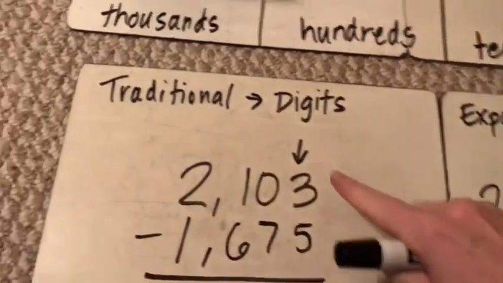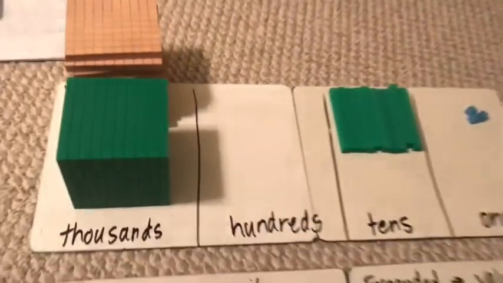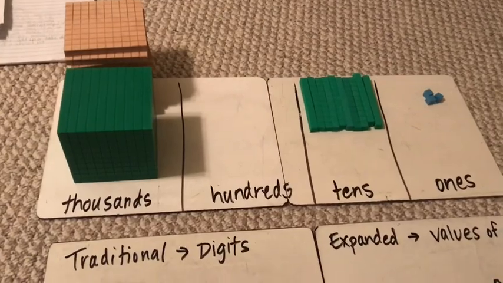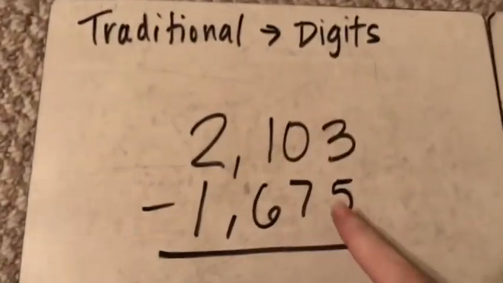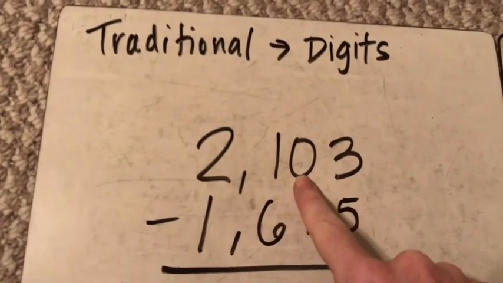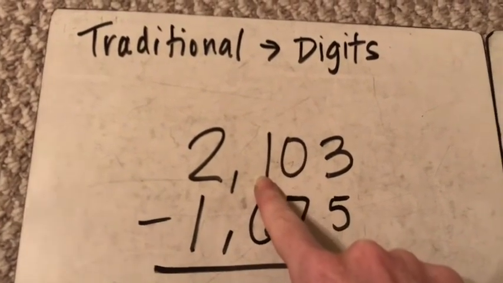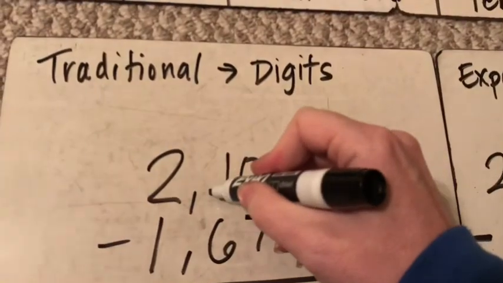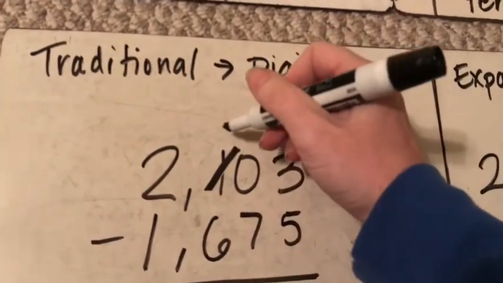So let's kind of try to match what I just did before I move any more blocks. Every time I make a move with my blocks, I want to change my numbers to match. So I needed more ones. I couldn't get any more ones from the tens column, so I needed to go over here to the hundreds. And I needed to shift one of those hundreds, which didn't leave me with any.